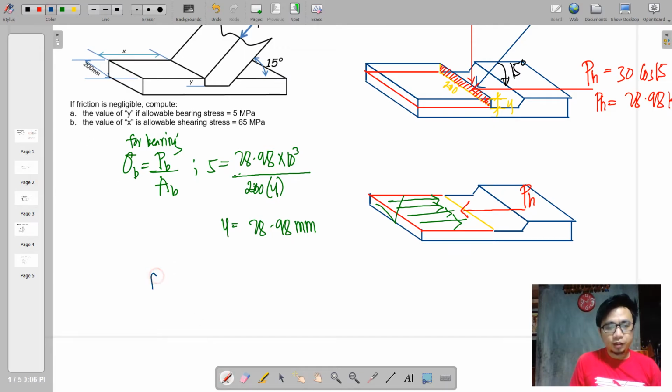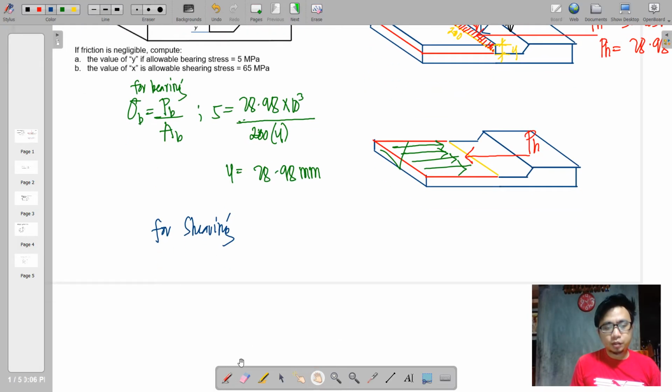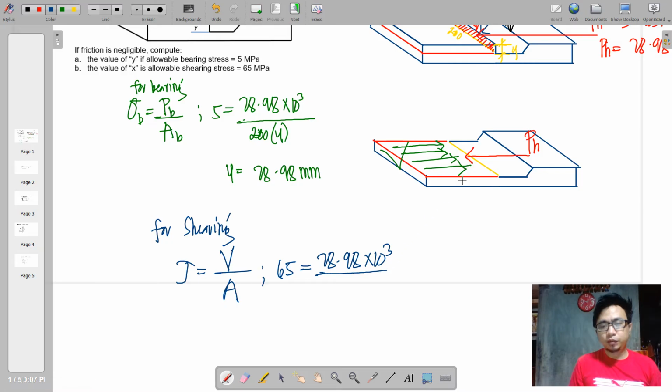Next, considering the shearing, we'll just use the shearing stress formula. Tau is equal to V all over A. The allowable shearing stress here is 65. This is equal to the same force, that is 28.98 times 10 cube. For the shearing area, you can see here the area that is being cut.